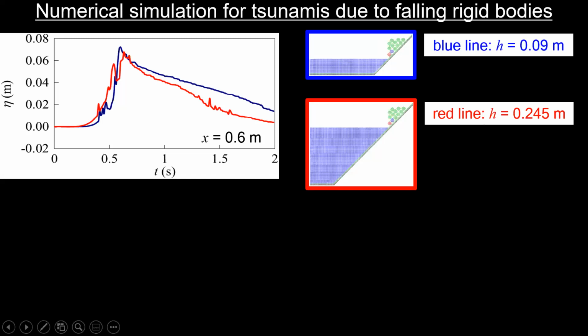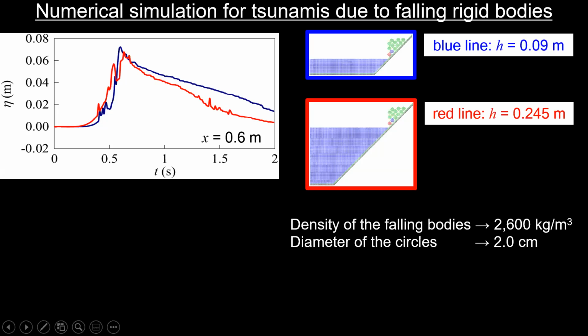So the blue is the shallower case and the red is the deeper case. The density of the falling bodies is 2,600 kilograms per cubic meter and the diameter of the circles is 2.0 centimeters. The tsunami height near the shoreline does not depend much on the still water depth.